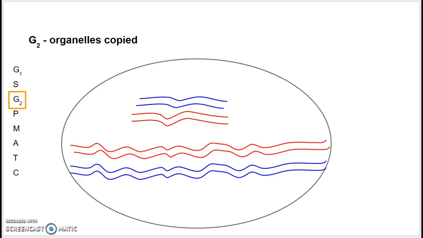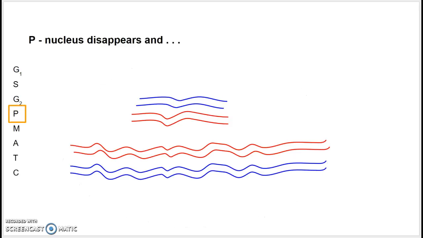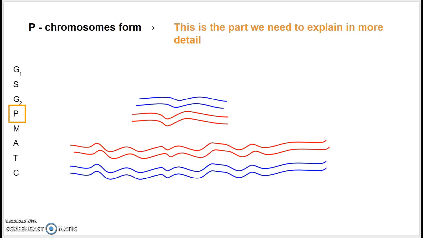Now, we go through G2, and we have the organelles copied, and then we get into prophase, and the nucleus disappears, and also, the chromosomes form. Right? So we said that chromatin coils up into chromosomes. And this is the part that we need to discuss in a little more detail. So bear with me here as we go into some of that nomenclature. Each of these is a strand of chromatin.